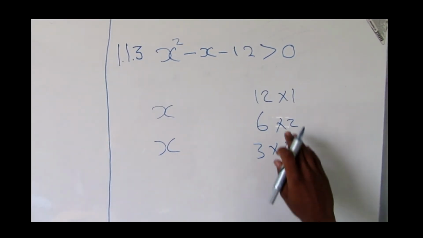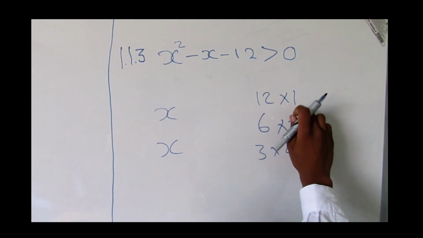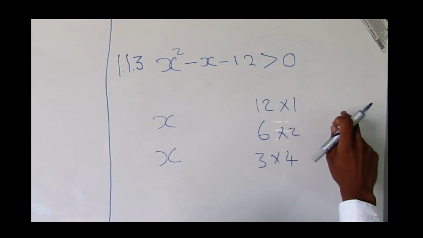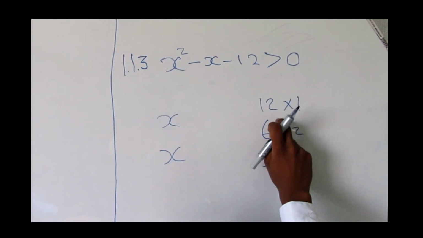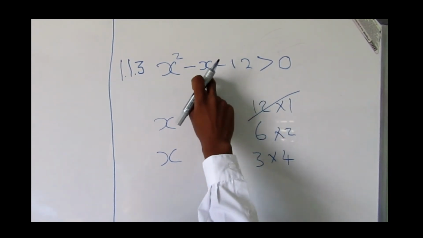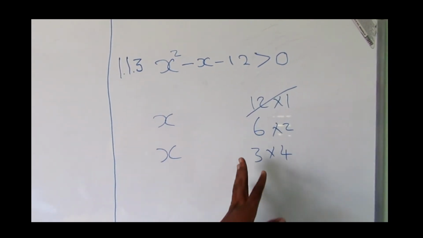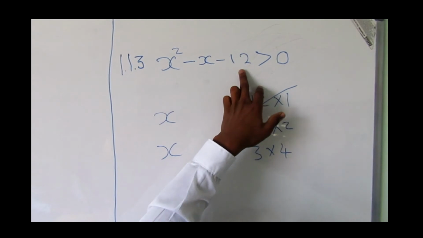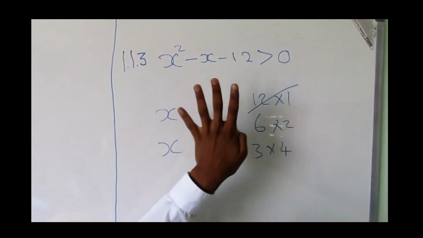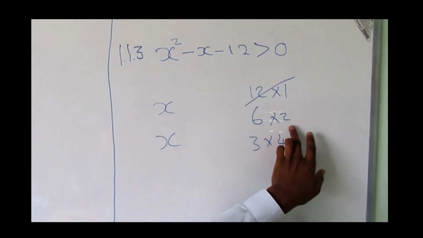We will start here. 12 times 1 is 12. 12 minus 1 is 11. 12 plus 1 is 13, which is out. It doesn't give us the middle term. The second one is 6 times 2. It gives us 12 also. 6 minus 2 is 4. 6 plus 2 is 8.